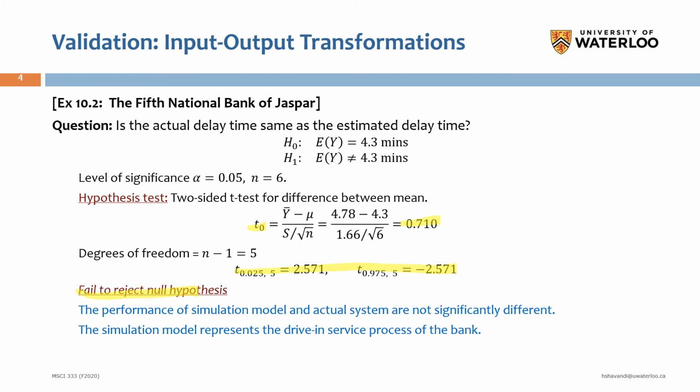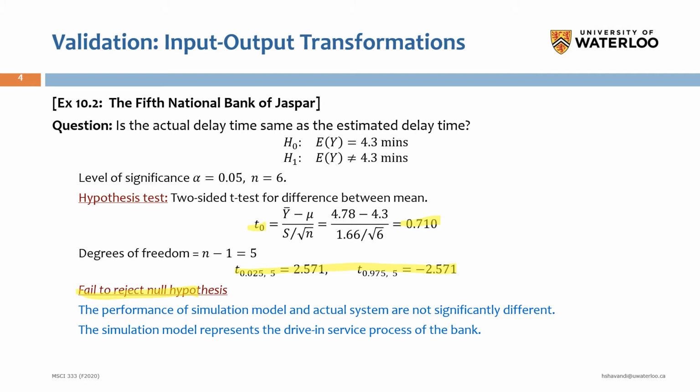So this is how we do it for any simulation model. We run the hypothesis test. By this statistical method, using the t distribution, we can compare the simulation model's result with the real system, and if we see that it's not validated, we need to figure out what the problem is, and then fix the simulation model.